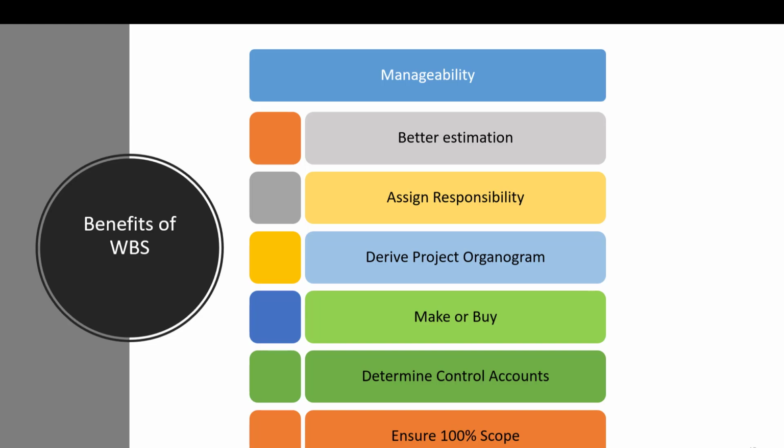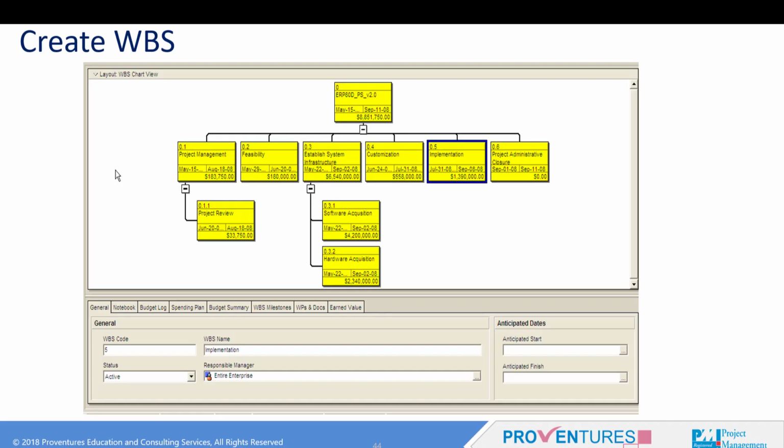Next, I'll show you a sample WBS. The same thing, we will do it using the tool. You'll get better insight. Here, you see a 3-level work breakdown structure. The top level is the project.